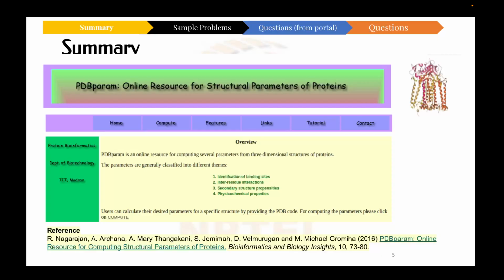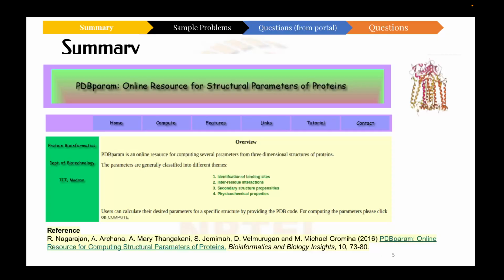This includes parameters such as center of mass, which defines the overall mass distribution of the protein; radius of gyration, which describes the compactness of the protein structure; surrounding hydrophobicity, which measures the hydrophobic behavior of amino acid residues in the protein environment; hydrophobic accessible area, which calculates the solvent accessible surface area of hydrophobic residues on the protein surface; and buriedness, which evaluates the degree to which a residue is buried within the protein structure, and non-covalent interactions.